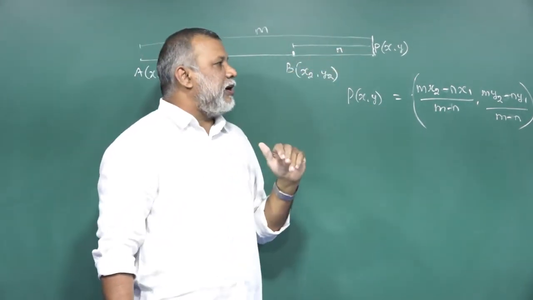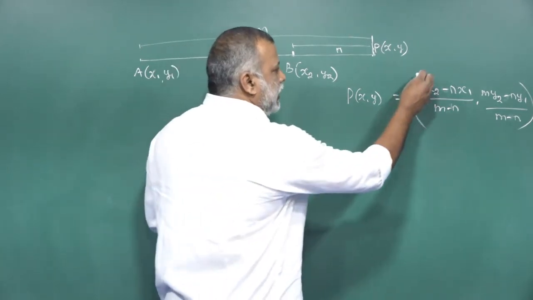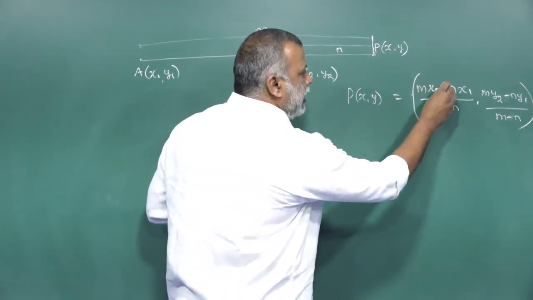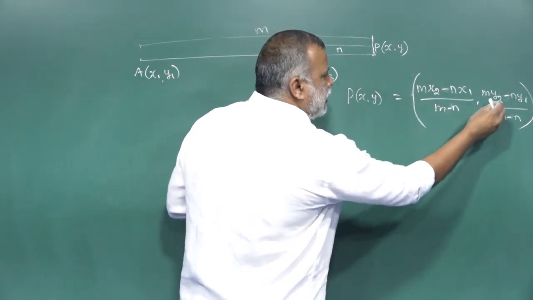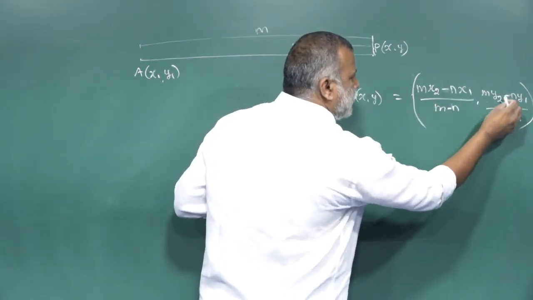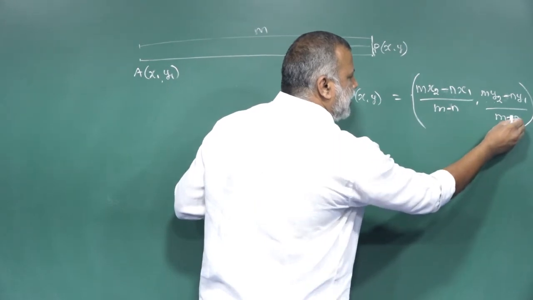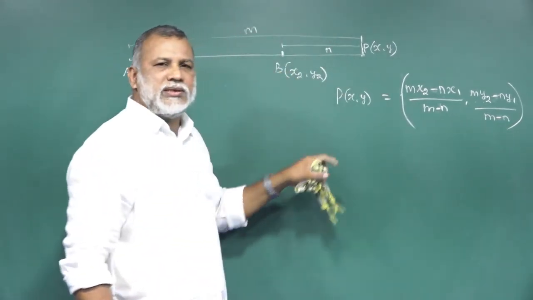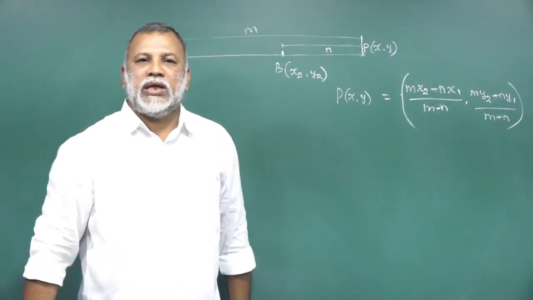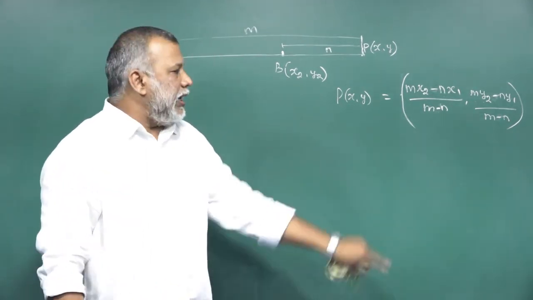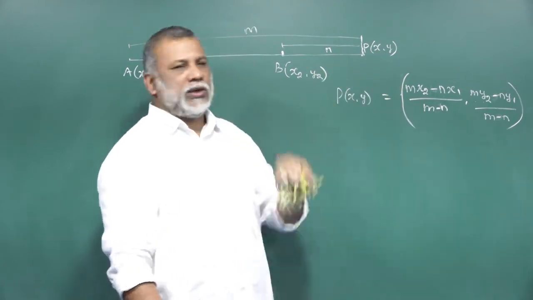Then P of x comma y is nothing but m of x2 minus n of x1 divided by m minus n. The same way, m of y2 minus n of y1 divided by m minus n. This is called externally in the ratio m is to n. Just now we proved the result internally in the ratio. In the same way we are going to prove this one.